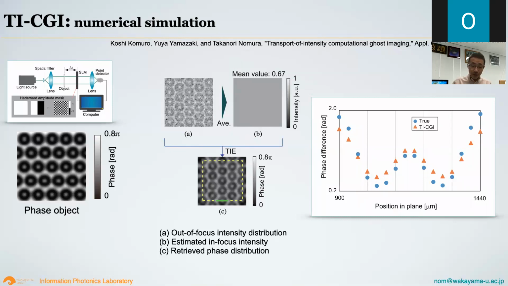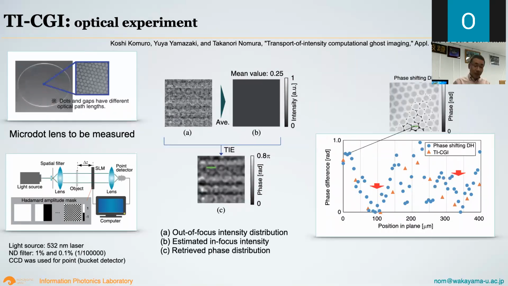So let me move to the optical experiment. A micro dot lens was measured, with the same optical setup as in the numerical simulation. This is the retrieved defocus intensity distribution using this equation. In this case, we achieved weak illumination conditions, 1/100,000.